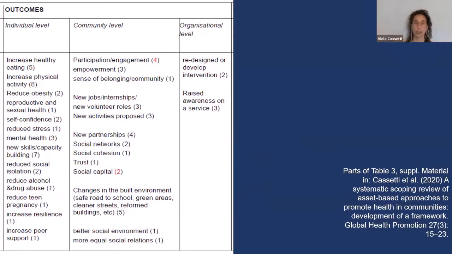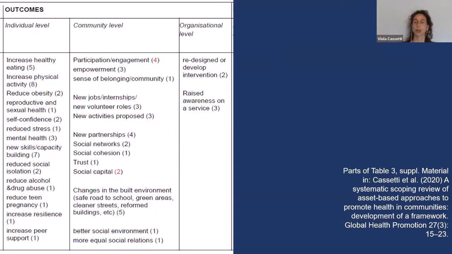And again, at community level, you have, as you said as well, engagement, empowerment, but you can also have sense of belonging in the community. You can create new jobs, or new volunteer roles, or new partnerships, as I was saying in the example, or social cohesion, as some of you put as well, or social capital.